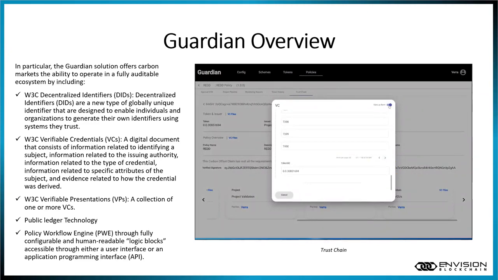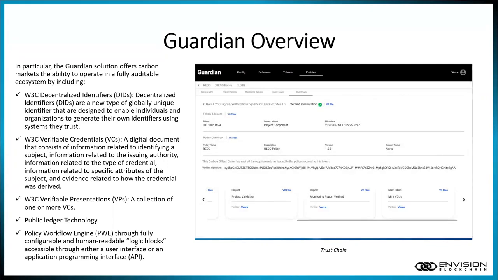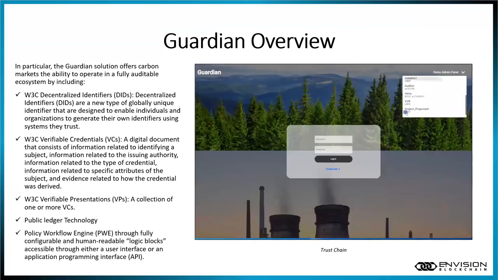And in particular, from a technical standpoint, this Guardian solution takes some of the state-of-the-art technologies out there right now: digital identity with decentralized identifiers built from the W3C standards, DIDs, and verifiable credentials and verifiable presentations.